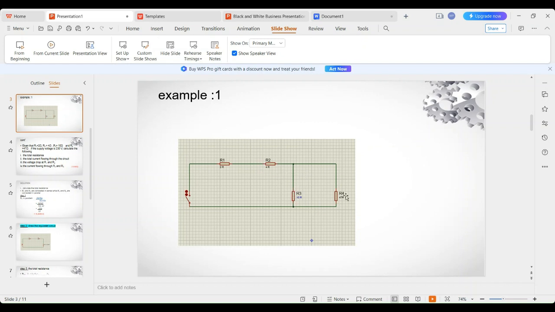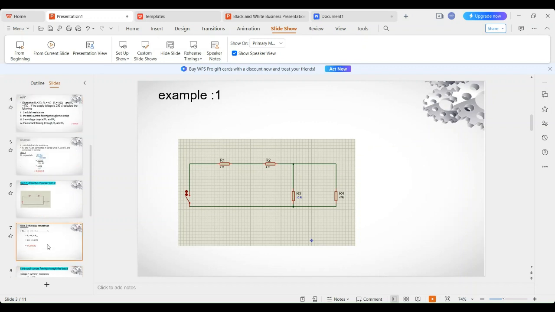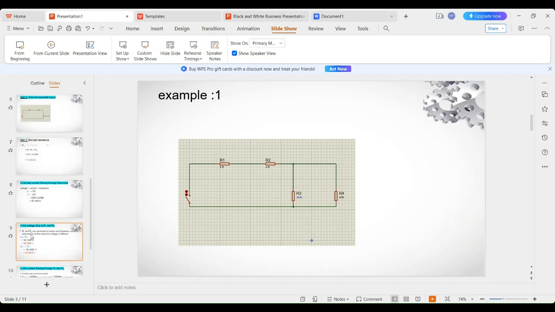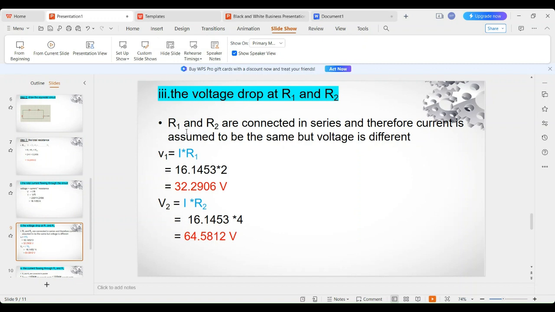But in this section we can say that these two resistors are connected in parallel, and therefore our voltage here will be assumed to be the same. So let's look at V1 and V2. How do we calculate V1 and V2? So R1 and R2 are connected in series, and therefore current is assumed to be the same, but voltage is assumed to be different. We had seen that.